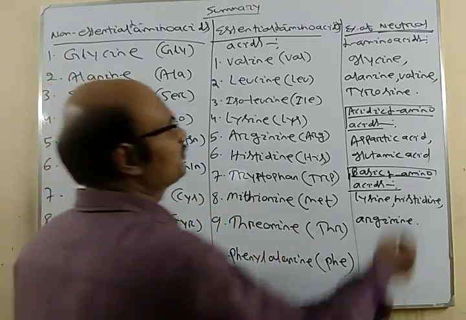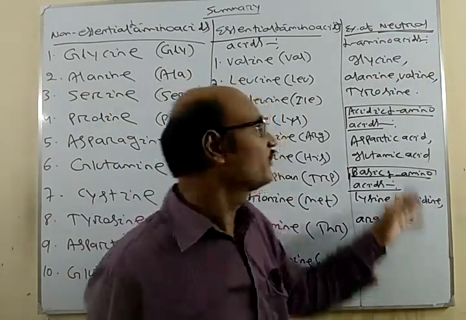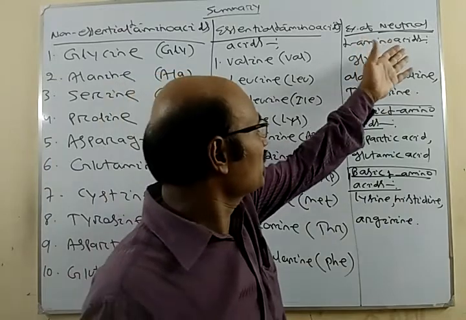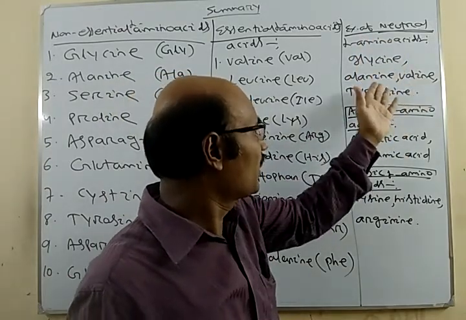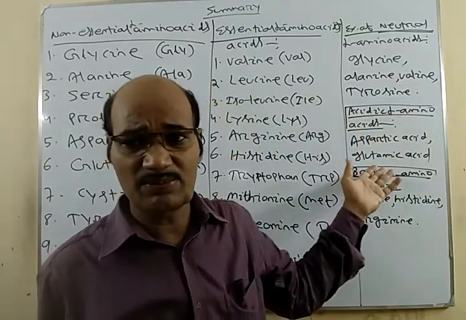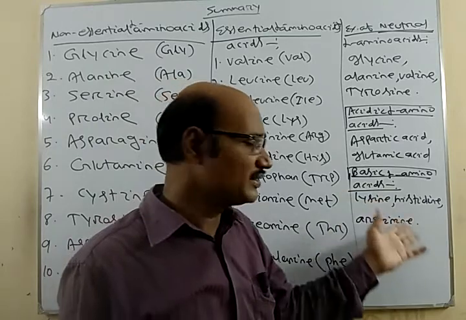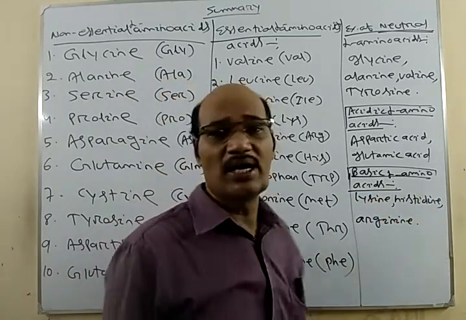And these are examples of neutral, acidic, and basic alpha amino acids: neutral like glycine, alanine, valine, tyrosine; acidic like aspartic acid, glutamic acid; and basic like lysine, histidine, and arginine.